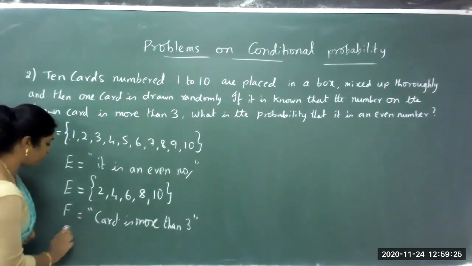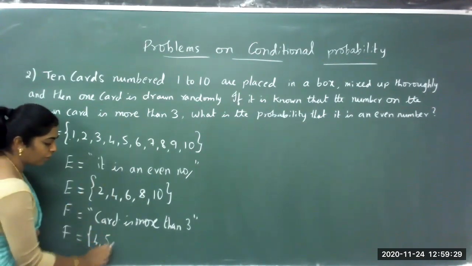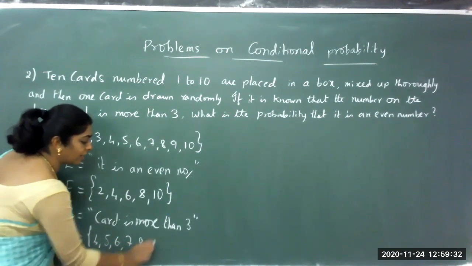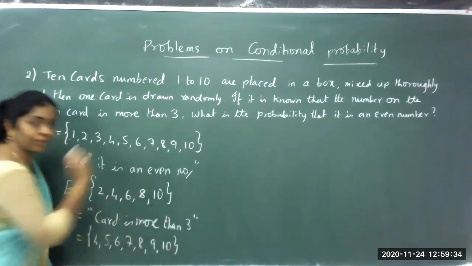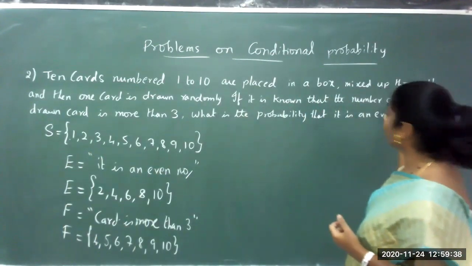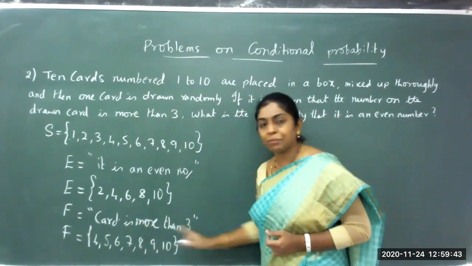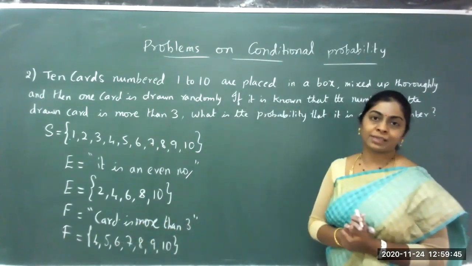More than 3 means I can start from 4, 5, 6, 7, 8, 9 and 10. So these are the possible cases for event F.